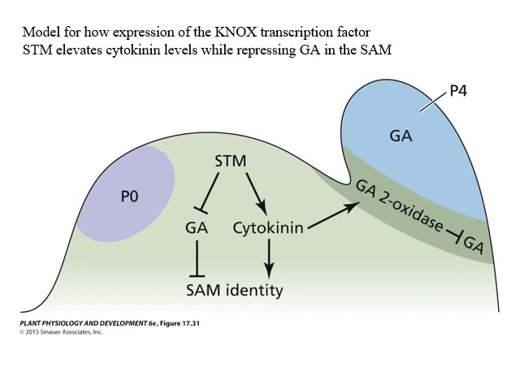That cytokinin also activates GA2 oxidase at the flanks here. This is the base of the leaf primordia. And GA2 oxidase is an enzyme that breaks down GA, so it inhibits GA signaling.